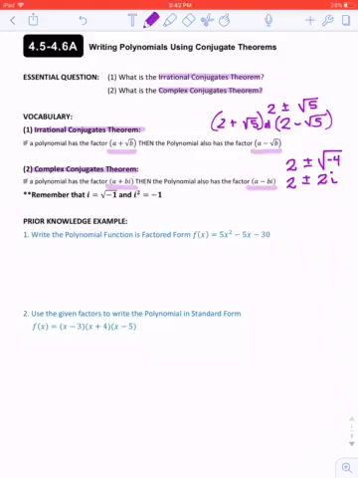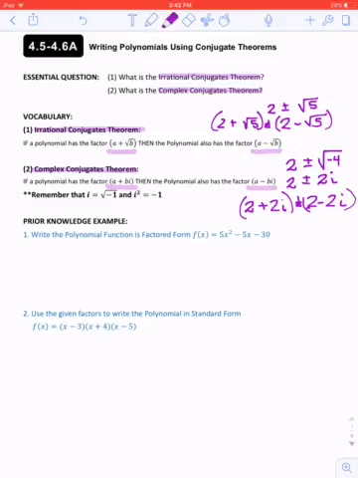Again, this represents two different zeros. This represents a 0 at 2 plus 2i, and it represents a 0 at 2 minus 2i. So following that complex conjugates theorem.